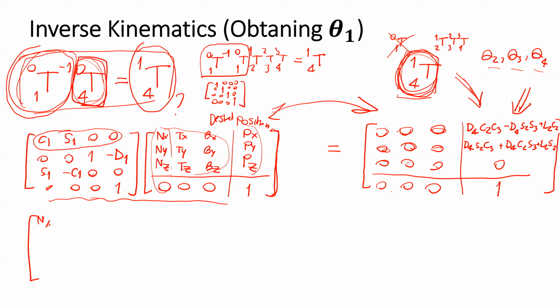So we have nx c1 plus ny s1 for the first one. For the second one, we have tx c1 plus ty s1, and we have bx c1 plus by s1, and for the position we have px c1 plus py s1.